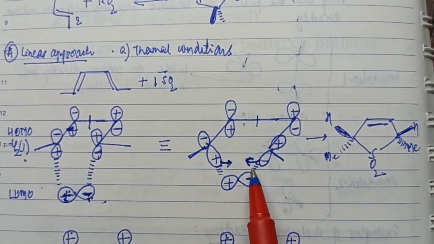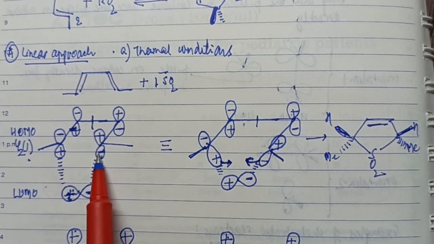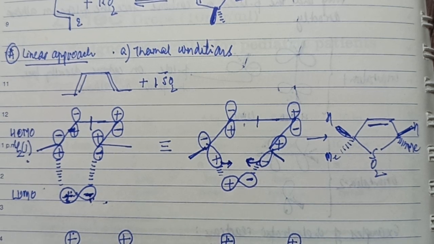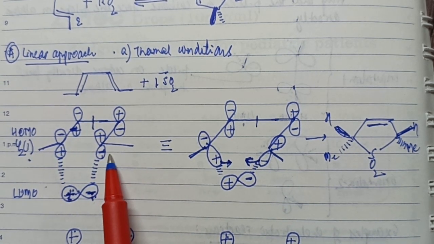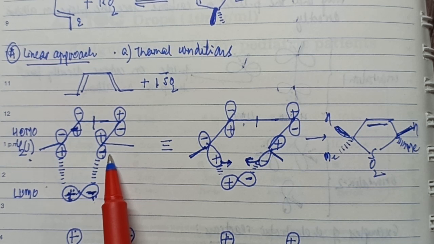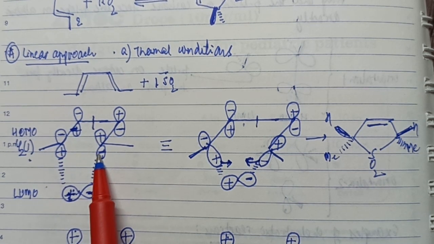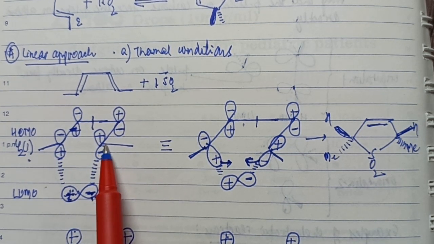That would mean that as far as these two lobes are concerned, with respect to each other, they are moving in a disrotatory fashion. We can get confused by looking at this, that this is plus and this is minus. How can these two lobes form a bonding interaction if it is a disrotatory closure? Remember, the bond is not formed between this and this carbon atom. The bond is formed between this carbon atom and this sulfur moiety, and this carbon atom and this sulfur moiety.